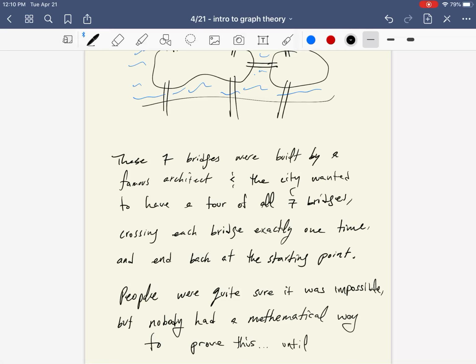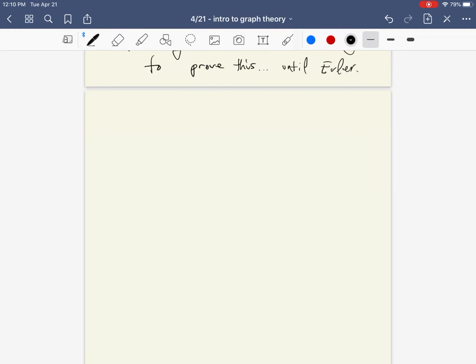Until Euler. Okay, so Euler proposed that we turn our map into a graph.